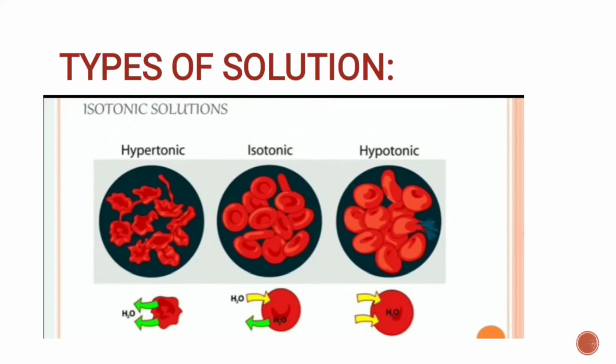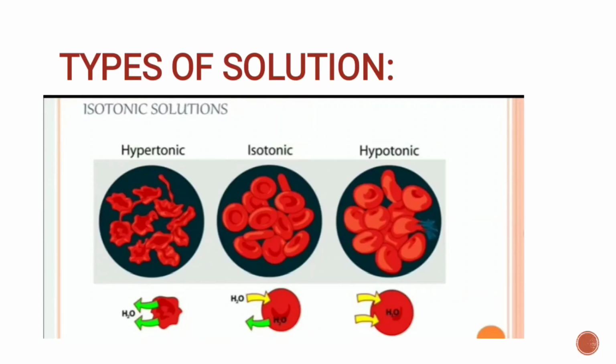Here is the diagram. So in this diagram you can see RBC when exposed to hypertonic solution result in shrinking of RBC, and when RBC are exposed to isotonic solution they remain the same. So we keep isotonic solution, we keep the same osmotic pressure whenever we formulate a pharmaceutical preparation.